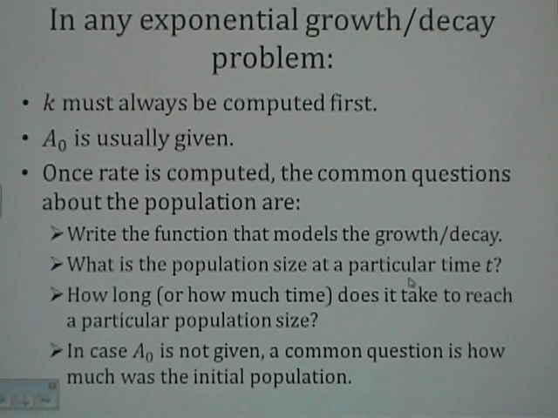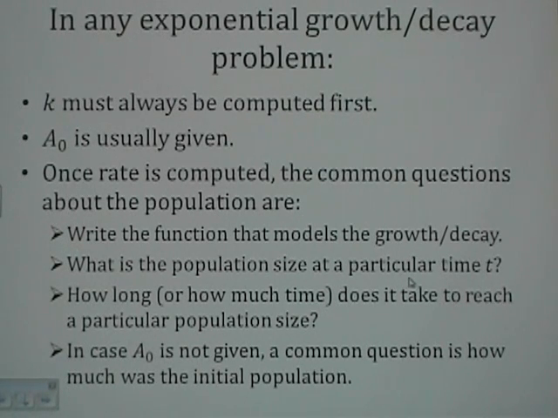another common question is that sometimes it happens that a sub 0 is not given, that the initial population was not given. So we do have a common question: how much was the initial population?